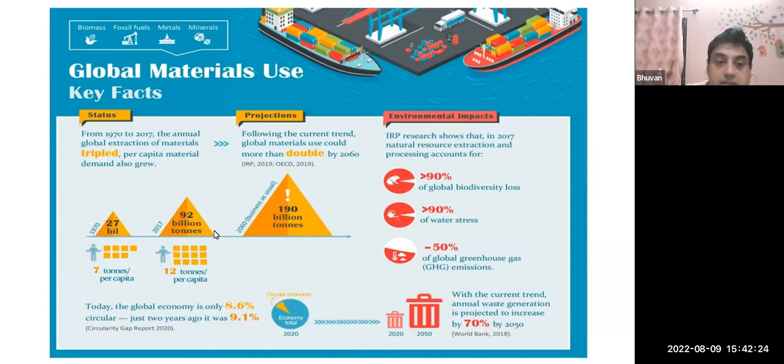So basically, we are moving towards an unsustainable scenario. The way we are extracting the various materials from the earth, and the per capita demand of the material, is growing. So we are impacting the earth and our environment majorly, which needs to be corrected as soon as possible.